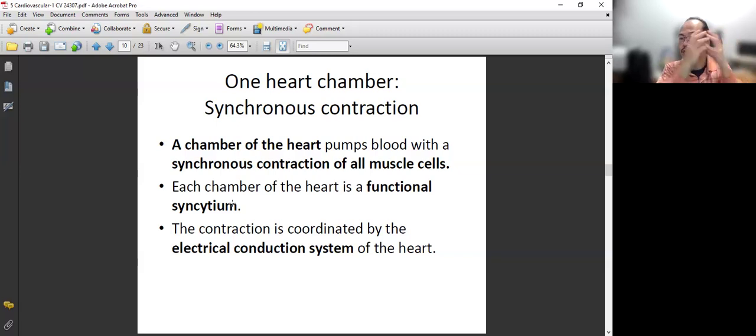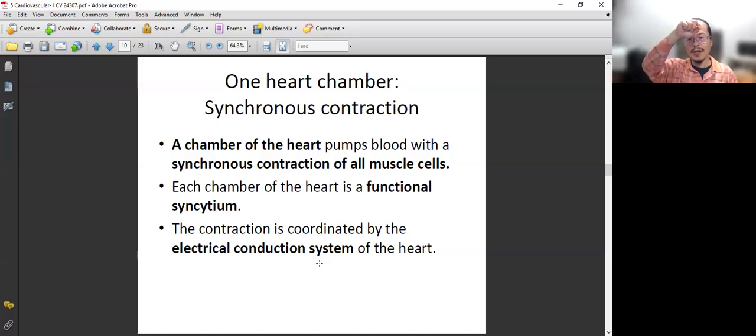And so this one is locally a collaboration. You have four chambers, each one contracting synchronously. But how do we put them all together? The thing to put them all together is an electrical conduction system.